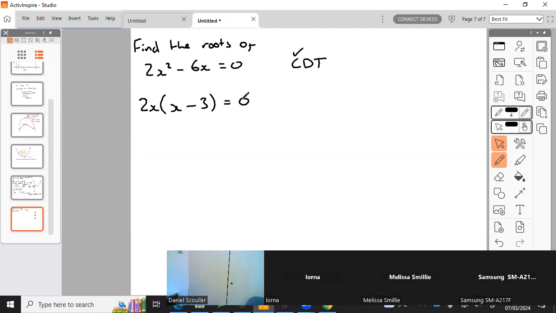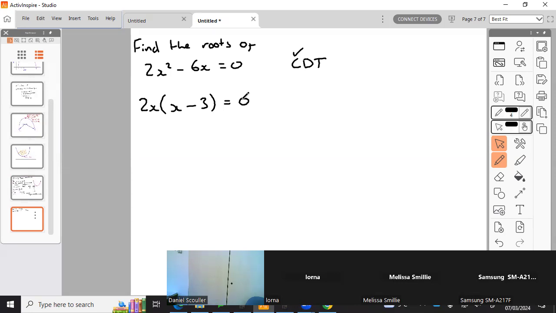So I've simplified that down to 2x and x minus 3. Now, if I was to open that bracket up again, I would get the line above. 2x multiplied by x would give me 2x squared. 2x multiplied by negative 3 would give me negative 6x.